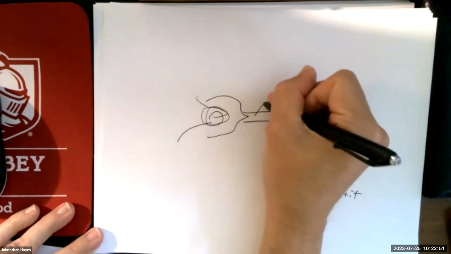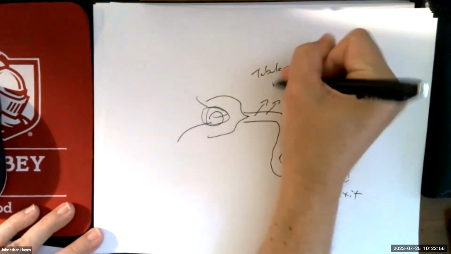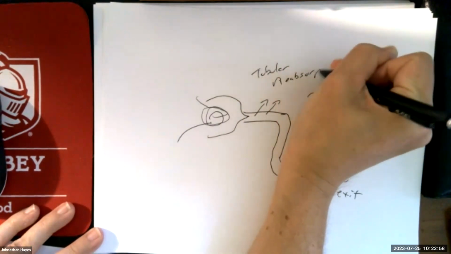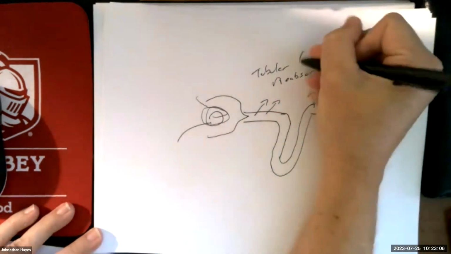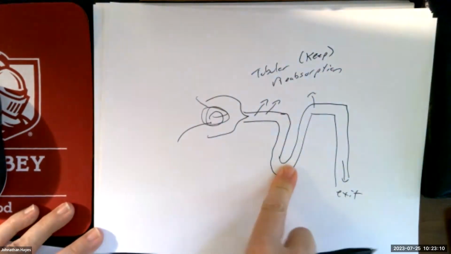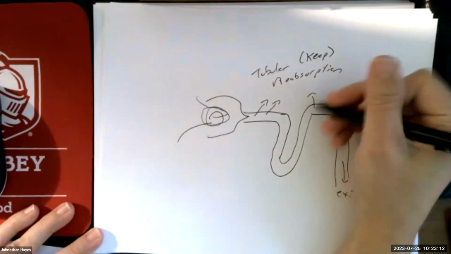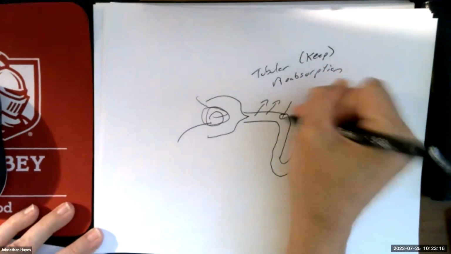I can pull out of the tubular system, and we call that tubular reabsorption. And you'll essentially pull back into things called peritubular capillaries, so it'll go back into the blood. So you end up keeping it, because it pulls it back into the body. But I can also use peritubular capillaries to secrete directly into the tubular system.